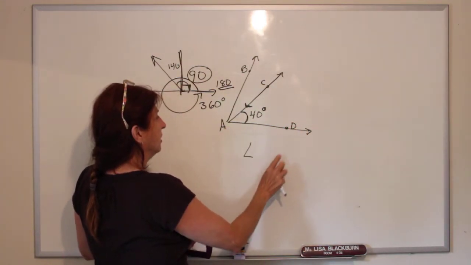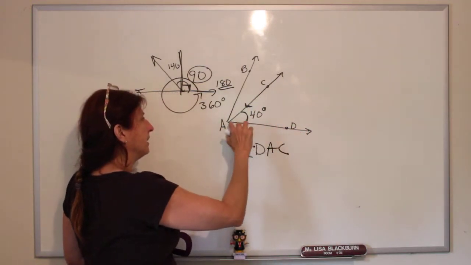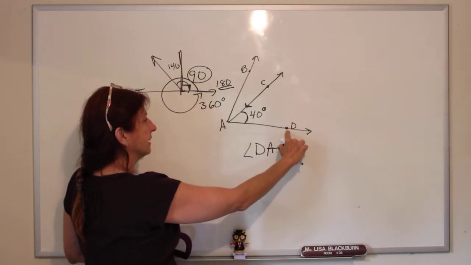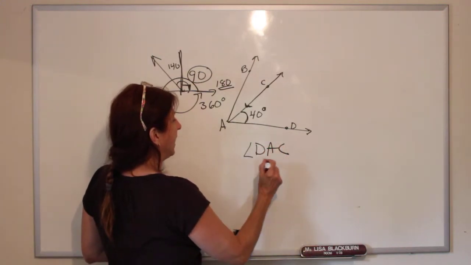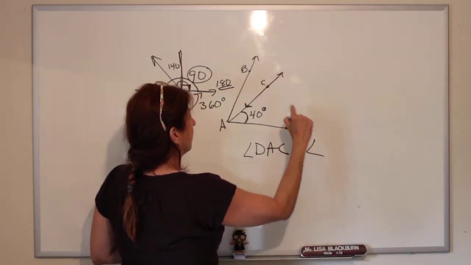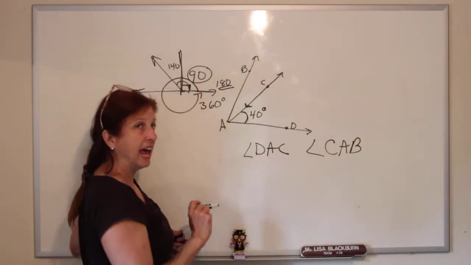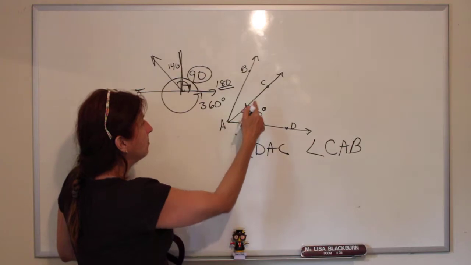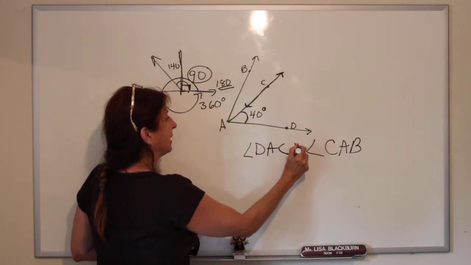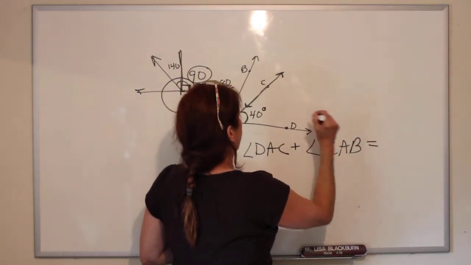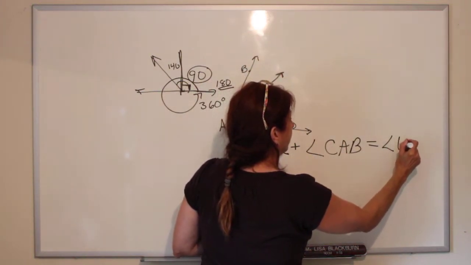I have angle DAC, and how I can signify it is the letter on the outside, the vertex, the other letter on the outside, and I have another angle CAB. I always like it when they spell things, CAB. And now, because they share a common side, I'm allowed to add them up, and they would equal angle DAB, the whole thing.